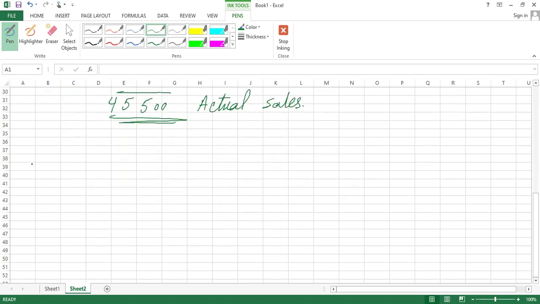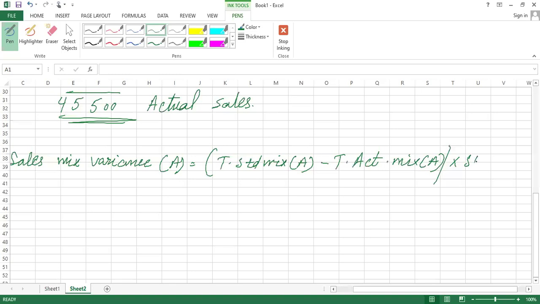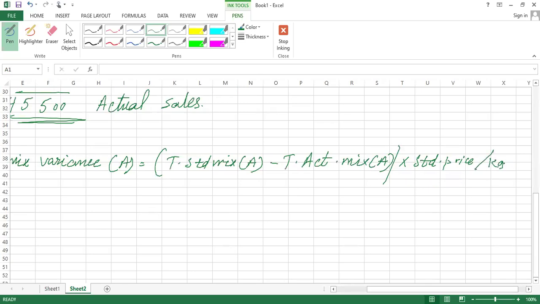So first one is sales mix variance of A is equal to total standard mix of A minus total actual mix of A into standard price per kg of A. We can say total actual sales, same total standard mix or total standard sales mix.